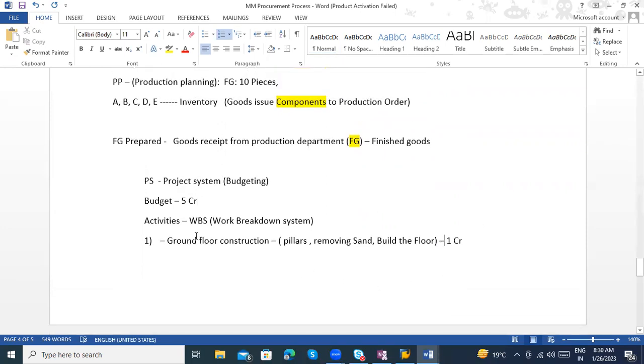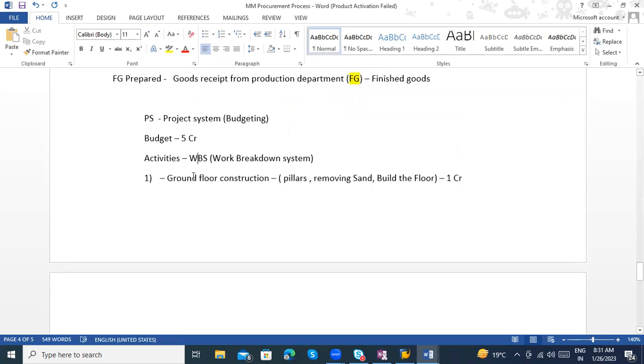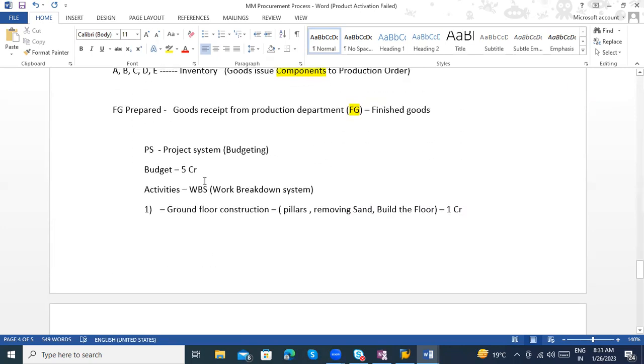Okay. So here, MM and PS integration is, whenever we are procuring the material, we take the reference of the WBS element, and we calculate the value of the amount which we are spending for this WBS. Clear?